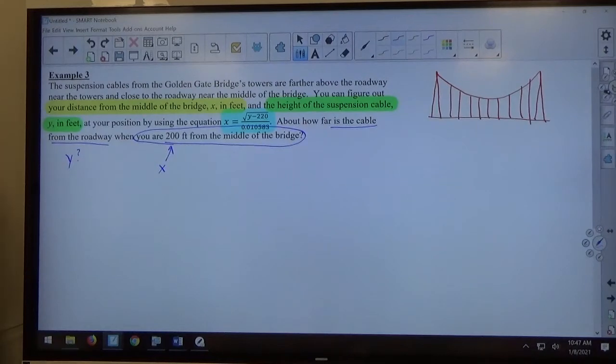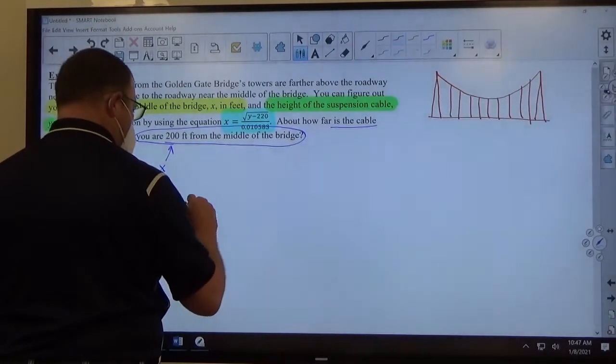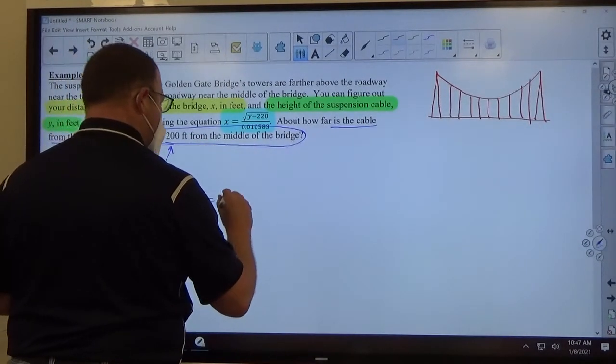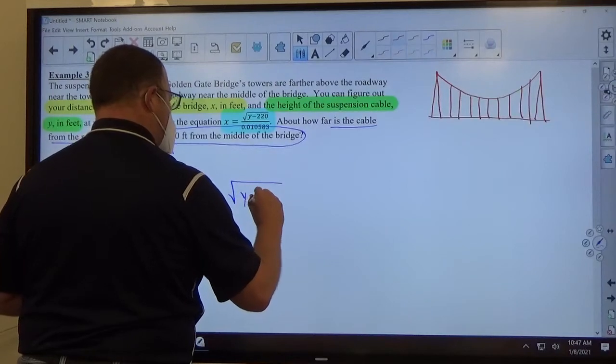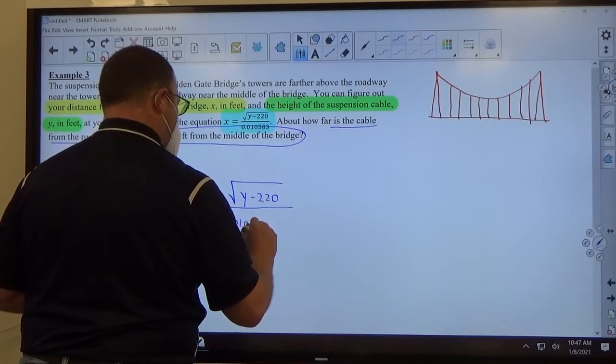Okay, and this is a word problem, but there's some specific exercises in your homework where it's going to say solve for the variable underneath the radical. All right, so let me just demonstrate how to do that first. So this says x equals, I want it to say y equals. So x equals the square root of y minus 220 over 0.010583.